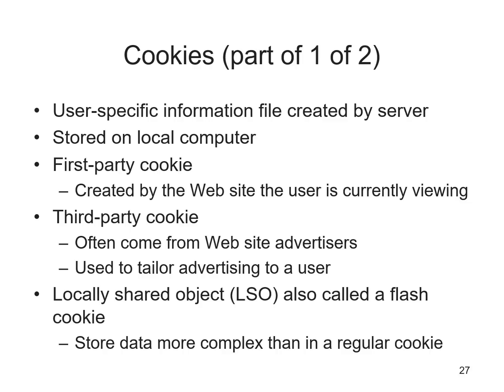Now, there are three kinds of cookies available. The first kind of cookie is described as a first-party cookie, created by a website for the user who is currently viewing that specific website.